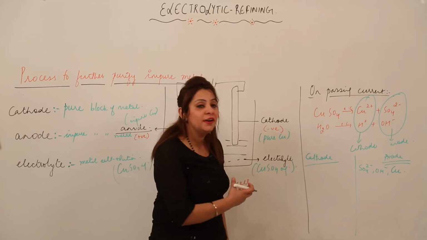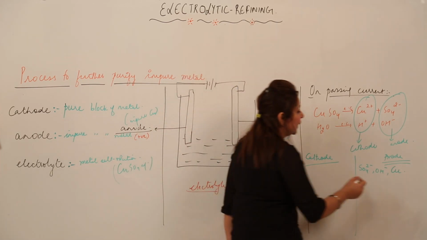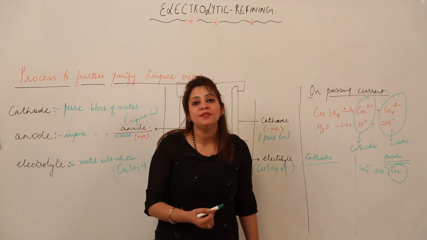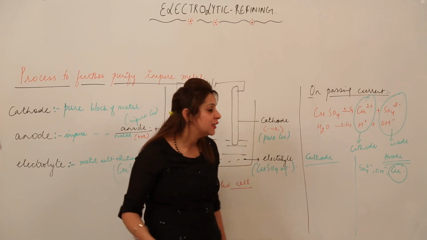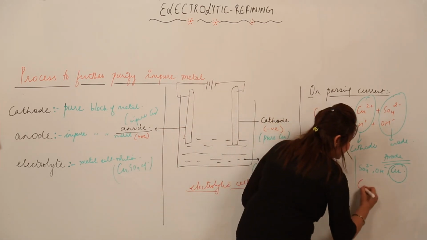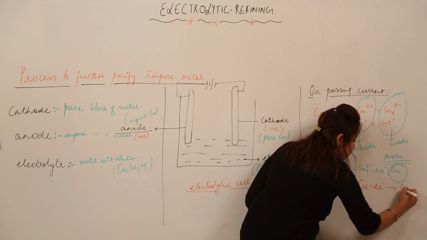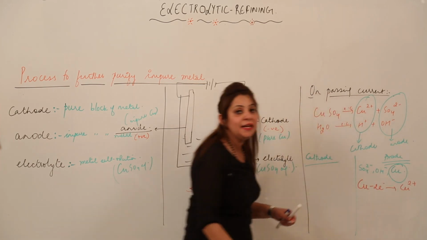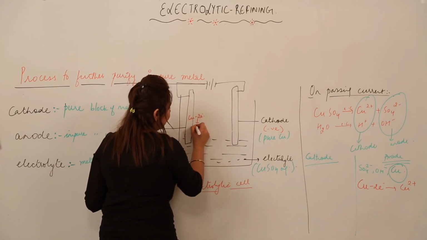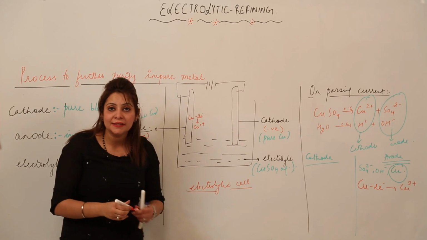And when we compare their discharge potential, you know that copper has the lower discharge potential. So that means out of these three, copper is going to undergo a chemical change. So what is going to happen? This copper will lose its 2 electrons and just get converted into the ion. So that means here we get to see that Cu2+ ions are formed.